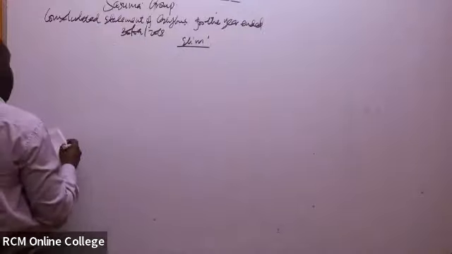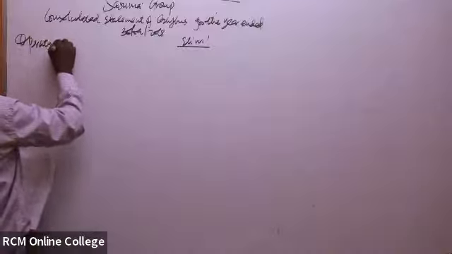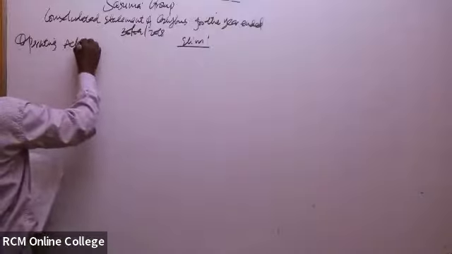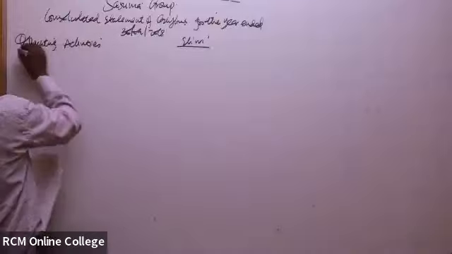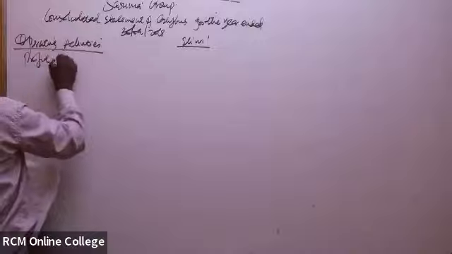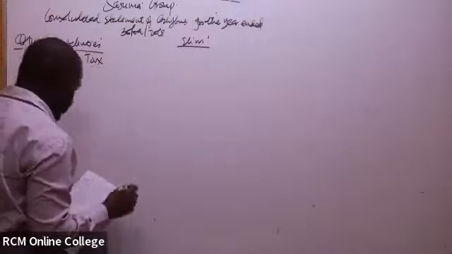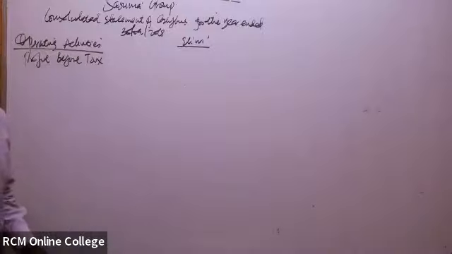So we can start with operating activities. We start with the profit before tax. What can you see as the profit before tax?